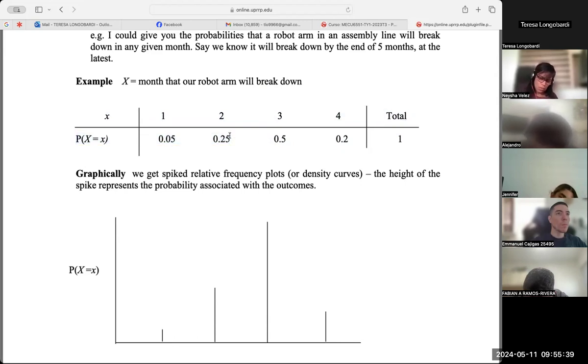But what is the chance that it breaks down within 2 months, or in 2 months or less? You would add these together. What's the chance that it breaks down in 4 months or less? How long will this robot arm survive? What does it say?